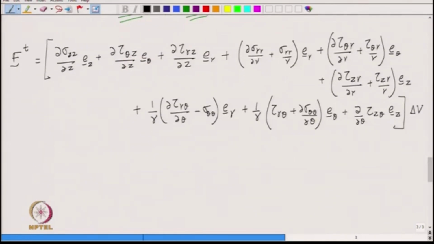So, that is the total force due to traction. I will just group them.